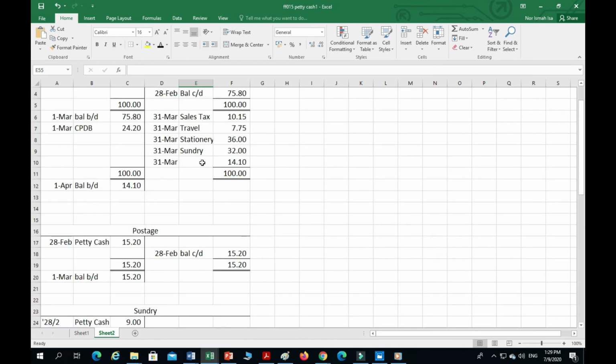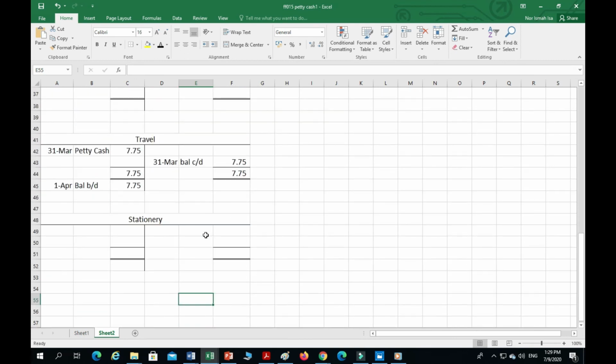So we have another, stationery. So the amount being posted is 36 from the petty cash. So the balance for this account is 36.